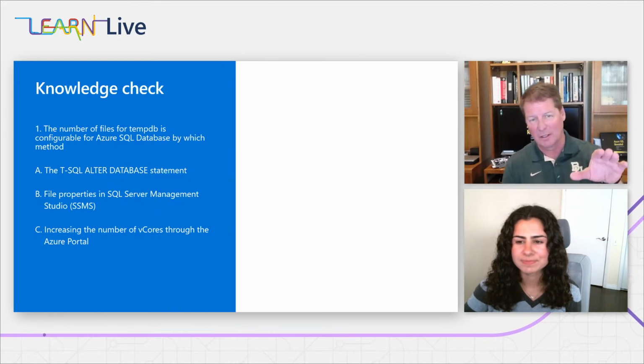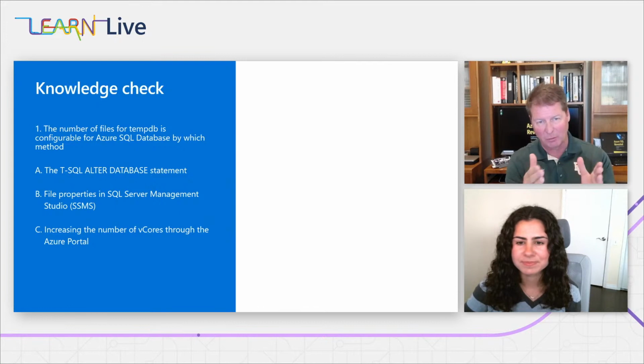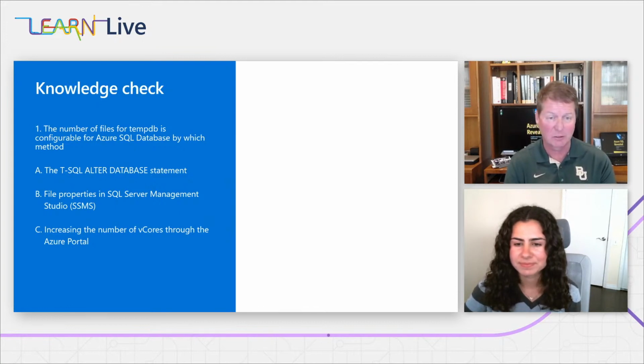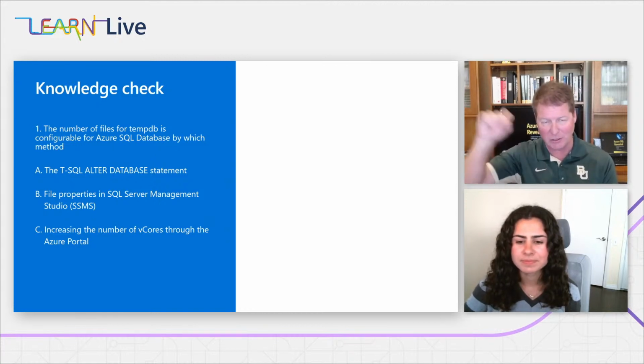So ALTER DATABASE statement A cannot be the answer, as it turns out the file properties in Management Studio just uses ALTER DATABASE. So B can't be the answer. So C must be the answer. We picked some defaults, but you configure it. And one of the ways you do it with Azure SQL Database is through the number of cores that you pick. So it has to be C. We're going to scale files for you as you add more cores.